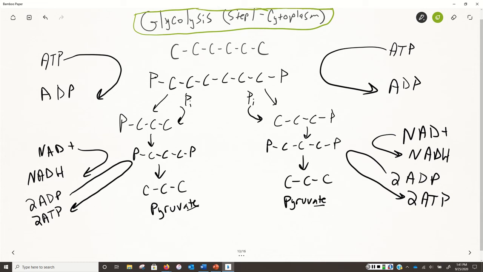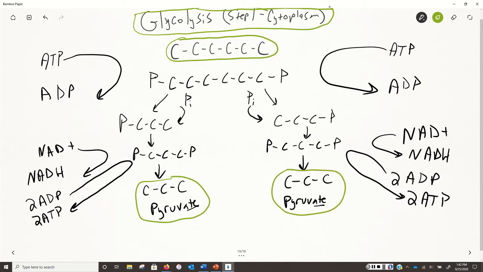So glycolysis, step 1, happens in the cytoplasm. We start with a molecule of glucose, and we end with 2 molecules of pyruvate. We start with 1 glucose, we end with 2 pyruvate.